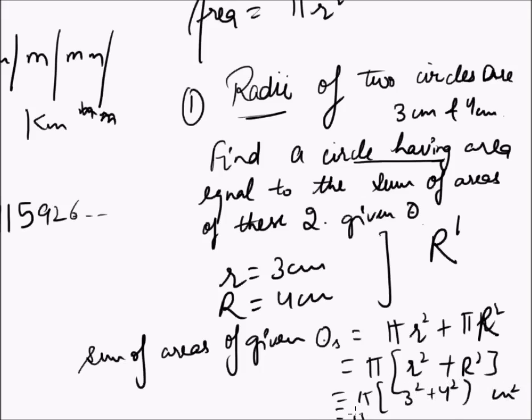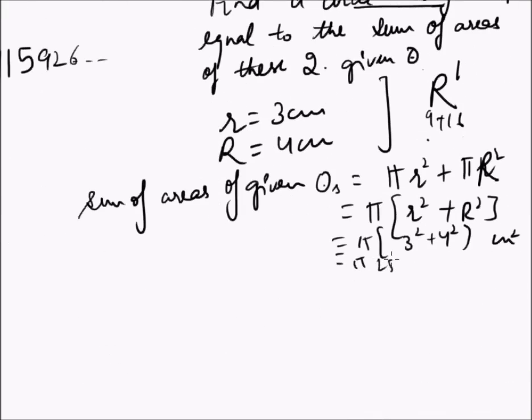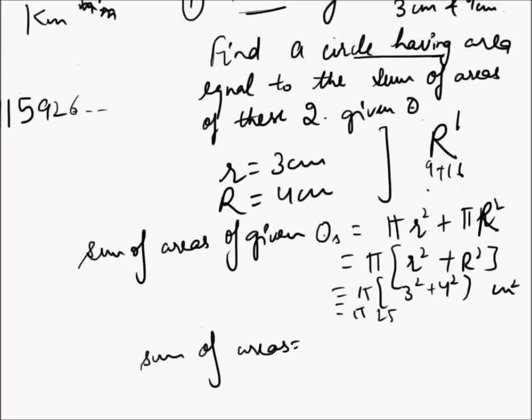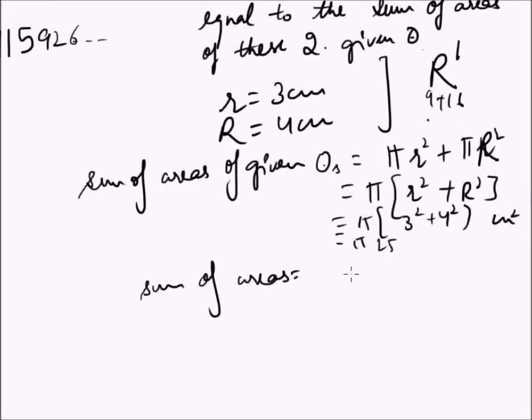Simply, 3 square is 9 and 4 square is 16, so 16 plus 9 is 25. So we have the sum of areas as 25 pi centimeter square.